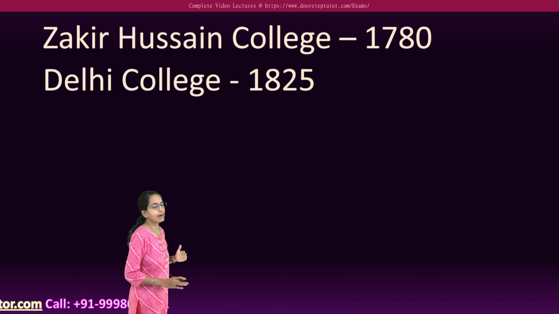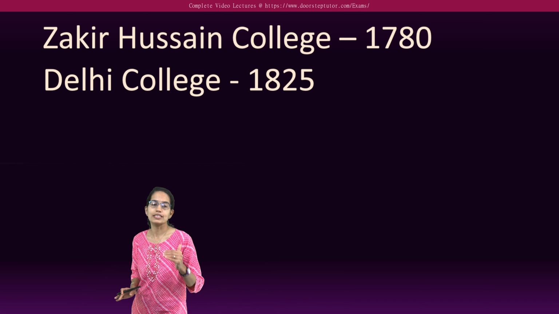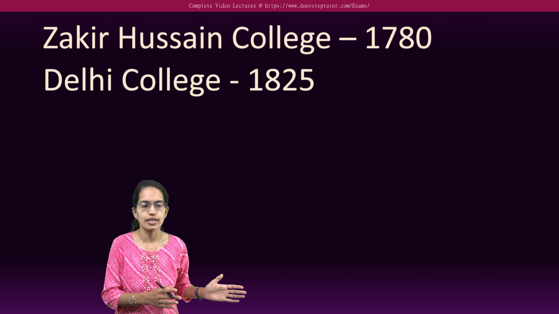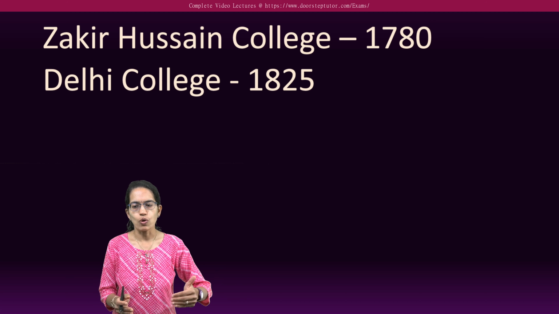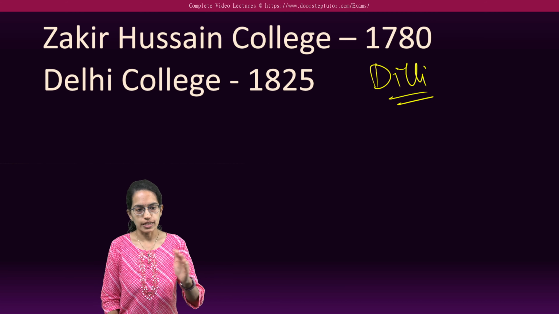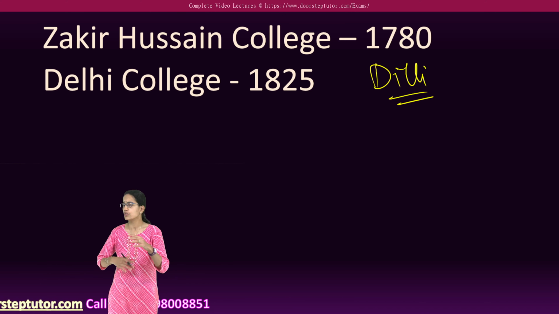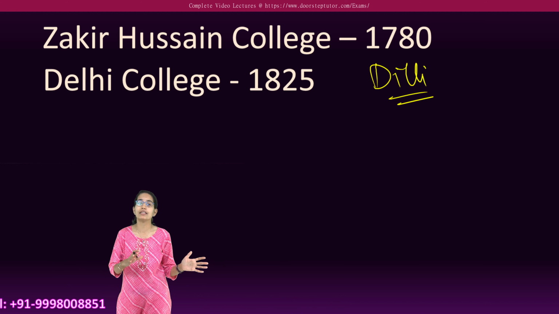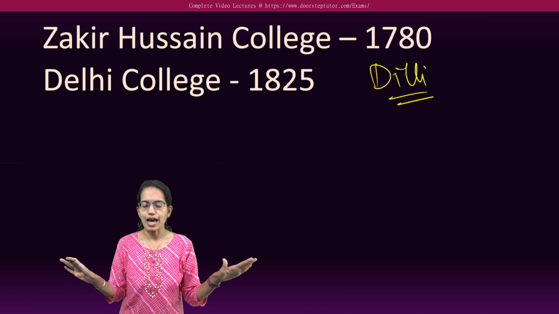Now, we have another important college called Delhi College, and now called Zakir Husain College. It started in 1780, and later it was called Delhi College in 1825. During the middle of the 19th century, there were numerous political upheavals and the mutiny of 1857. This college was shut.